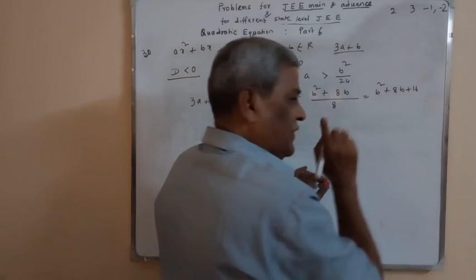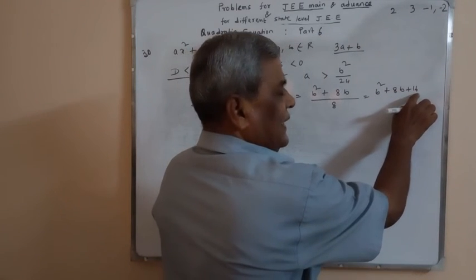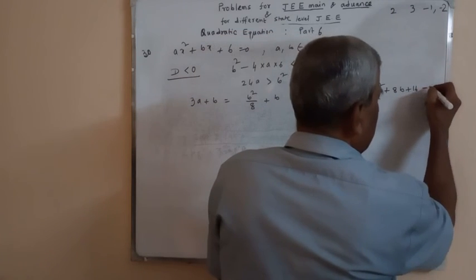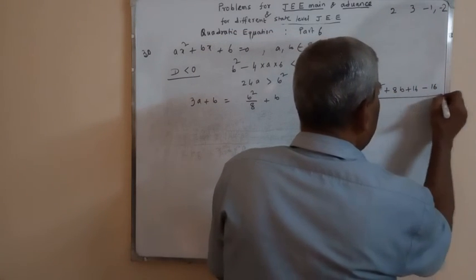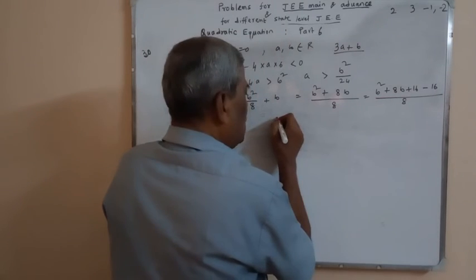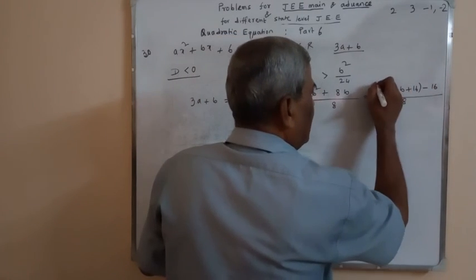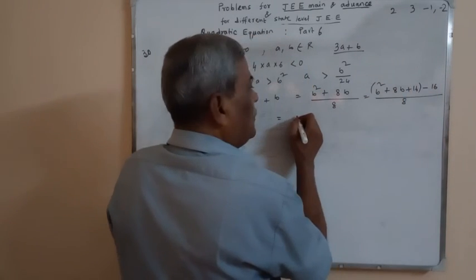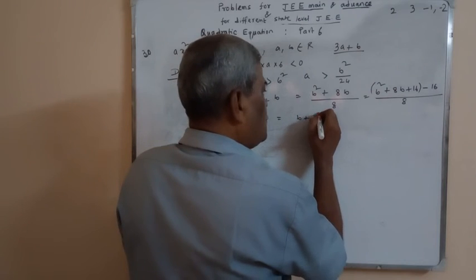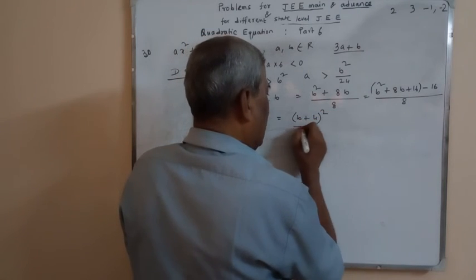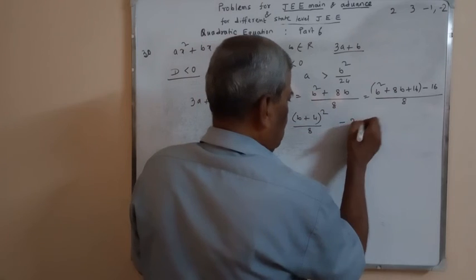To make it a perfect square, I take 16, adjust by 8. So it is equal to (b plus 4) whole square by 8 minus 2.